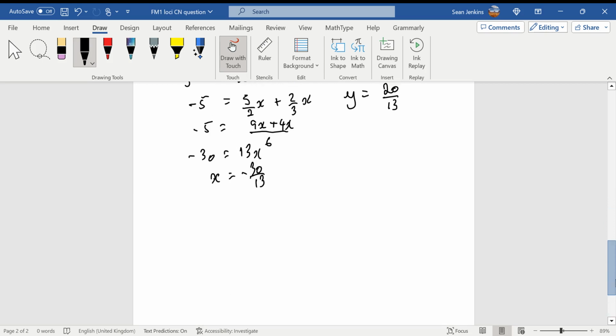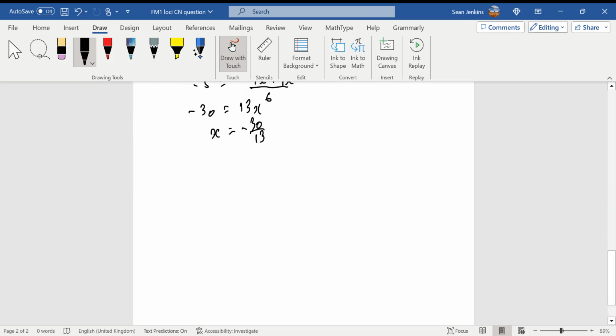So the distance AB, and it's the minimum distance because they asked for the least value, will be the mod z.